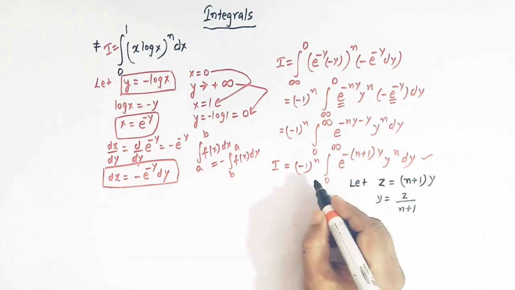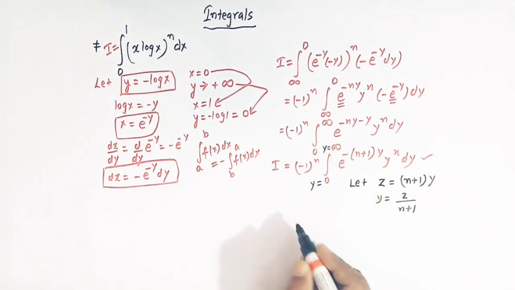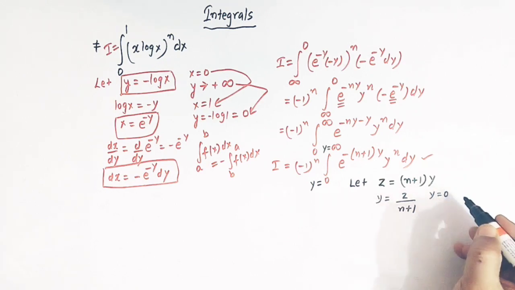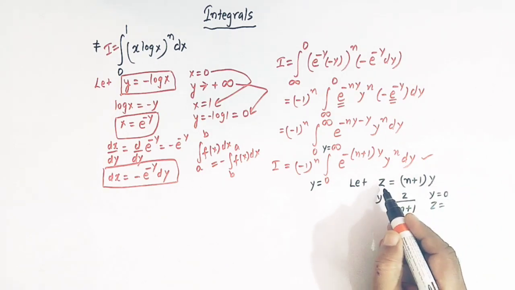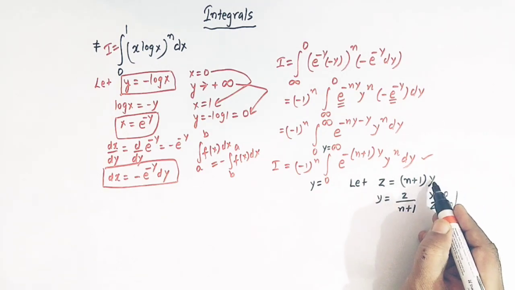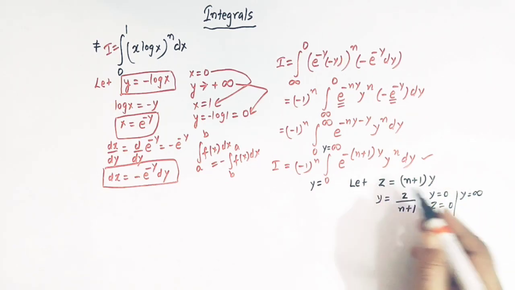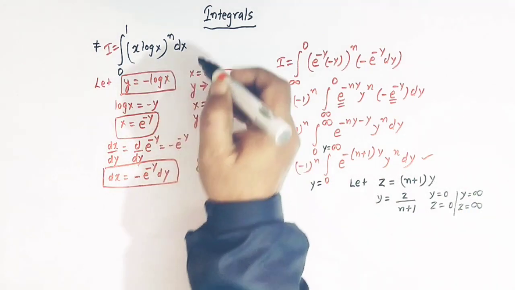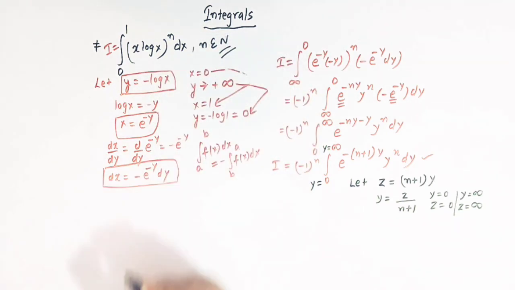And here we see that y varies from 0 to infinity. So when y is 0, z is simply n plus 1 times 0, which is 0. And similarly, when y is infinity, z is also infinite. And remember, here n is a natural number.